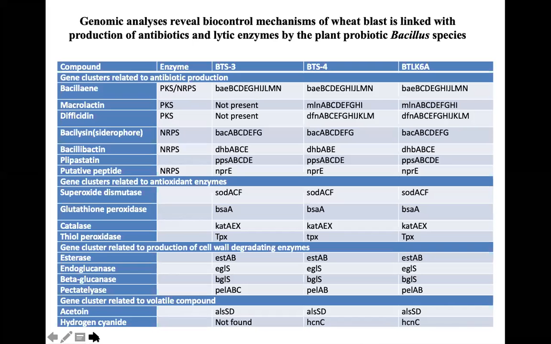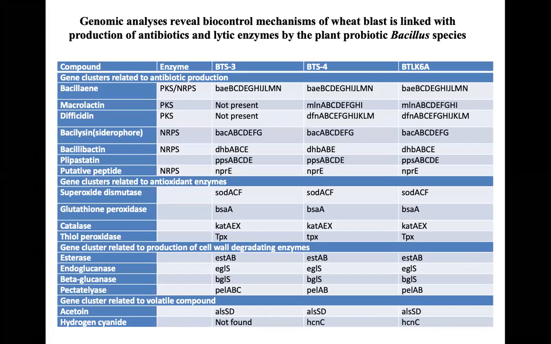So we also need to test it in the field, and we did it later. But what we tried to do, we did whole genome sequences of BTS3, BTS4, and BTLK6.